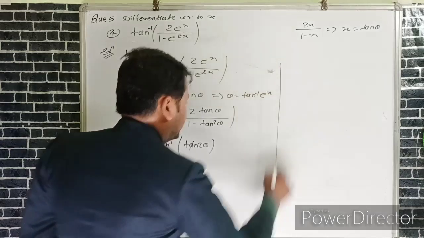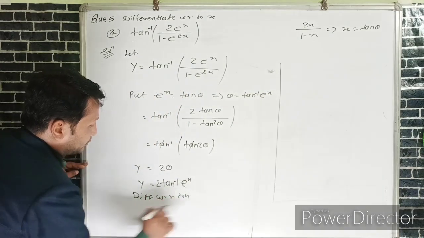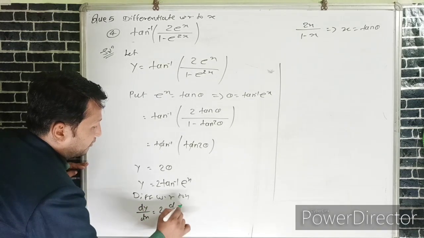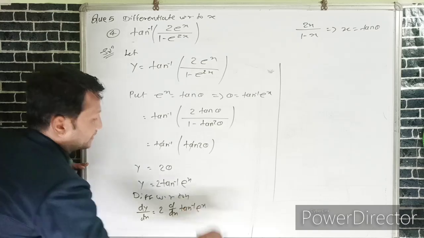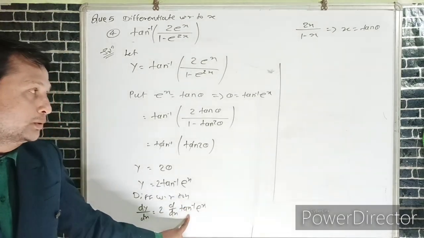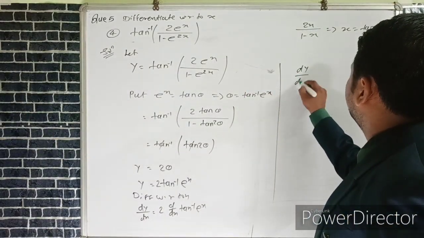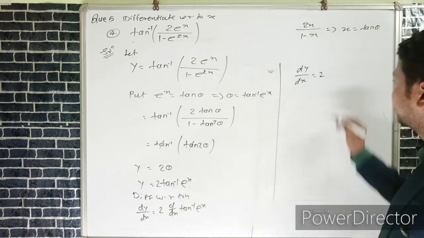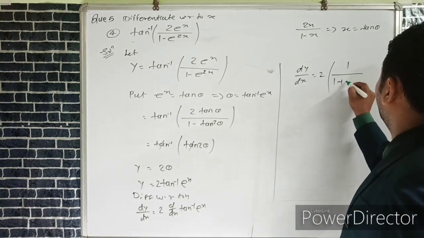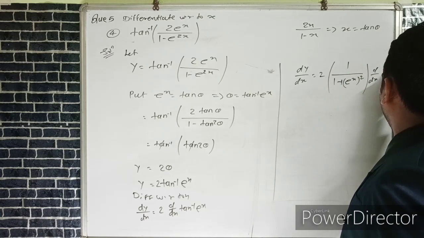If we differentiate the given function with respect to x, then we can write dy upon dx is equal to 2 into the derivative of tan inverse of e to the power x. We know that the derivative of tan inverse x is equal to 1 upon 1 plus x square. Hence we can write dy upon dx is equal to 2, constant as it is, into derivative of tan inverse of e to the power x, which is 1 upon 1 plus e to the power x whole square, into again the derivative of e to the power x.